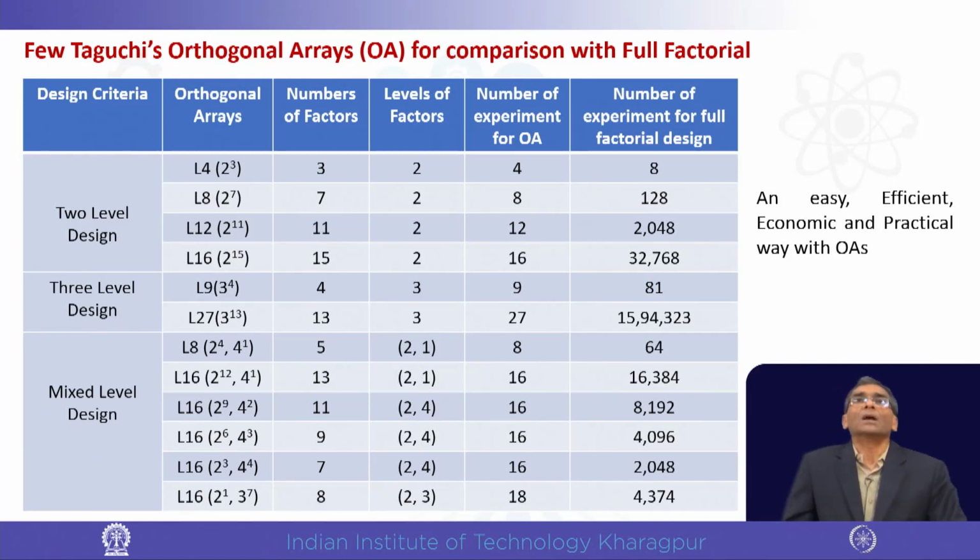Here you see, one is the full factorial. We have presented it just for convenience; you can see that it is only a partial presentation. Say a 2-level design, some 3-level designs, and some mixed level designs. Mixed level we will explain. So, in the first row, which I have just explained, L4, that means 2 to the power 3, normally if we carry out the experiment, 8 would be required, as on the right hand side column.